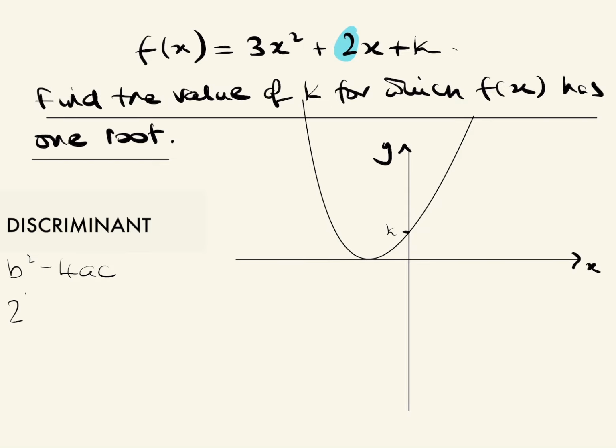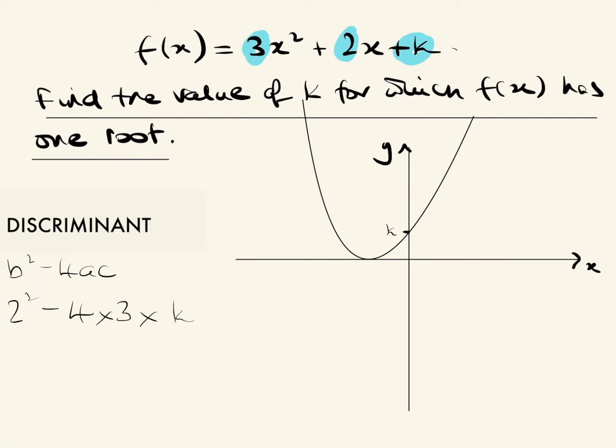So we've got 2 squared, b squared, minus 4 times, what's a? A is the 3 in front here of the x squared term. So 3 times, and what's c? Well, c is this, and in this case, it's k.